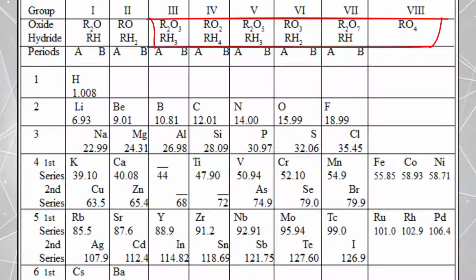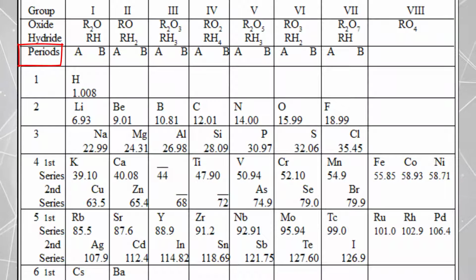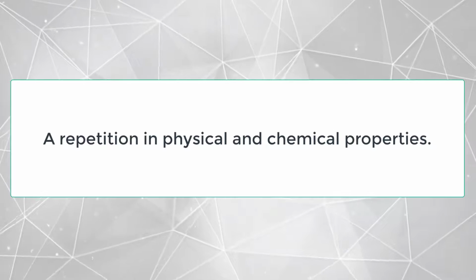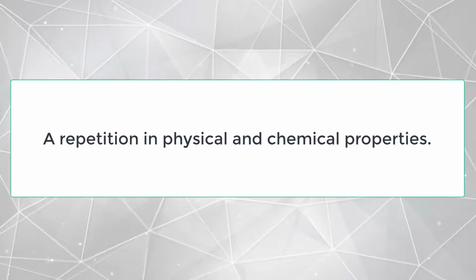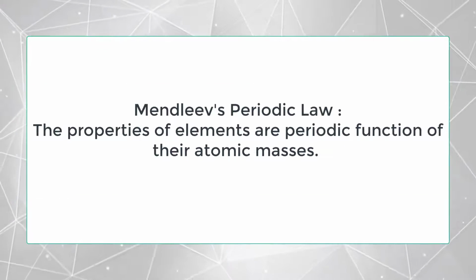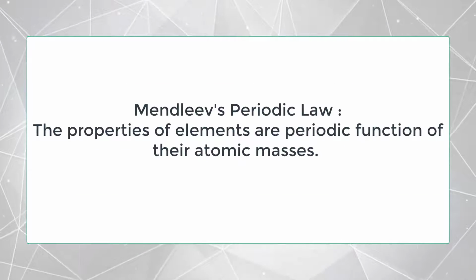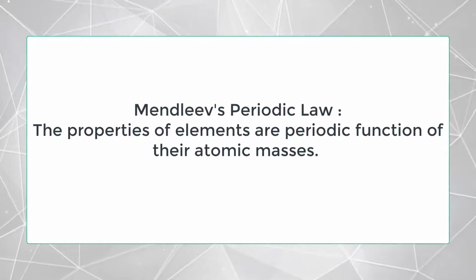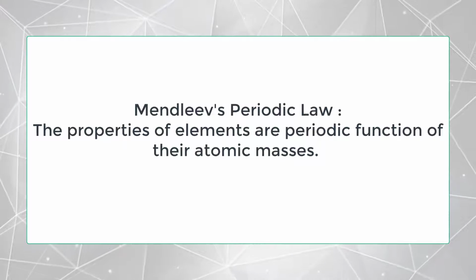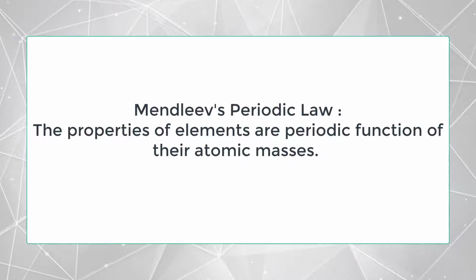Elements were mostly arranged in order of increasing atomic mass. The horizontal rows are called periods and the vertical columns are called groups. Mendeleev observed a repetition in physical and chemical properties. He formulated Mendeleev's periodic law, which states that the properties of elements are periodic function of their atomic masses.